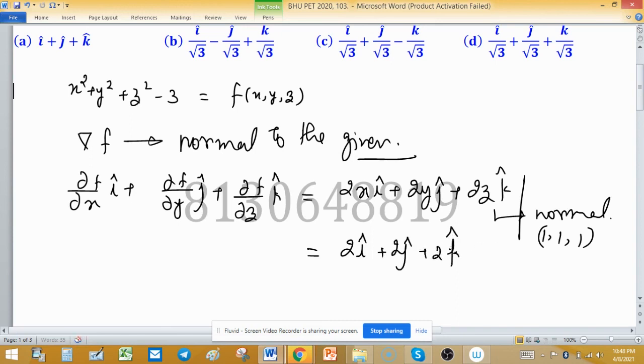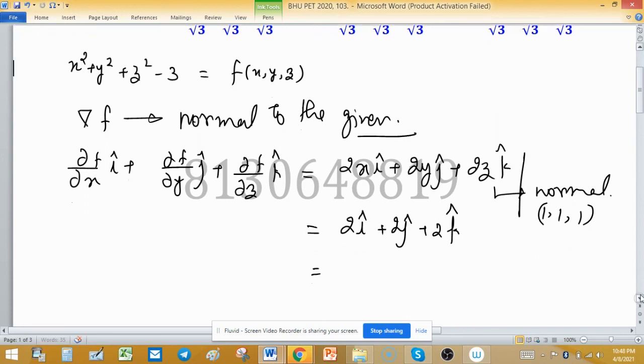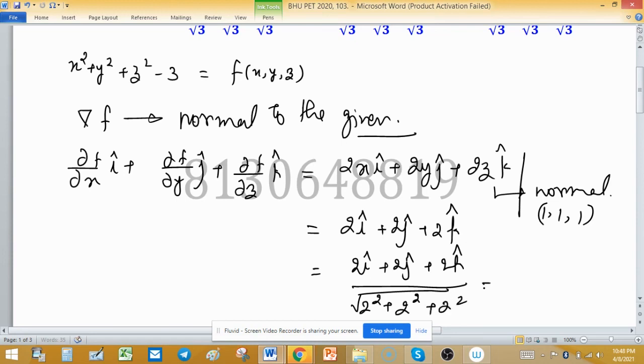This is the normal, but we have to find the unit normal vector. So how to make this vector a unit vector? 2 i cap plus 2 j cap plus 2 k cap divided by the square root of 2 square plus 2 square plus 2 square. This is nothing but 2 root, 4 plus 4 plus 4 is 12, so 2 root 3.